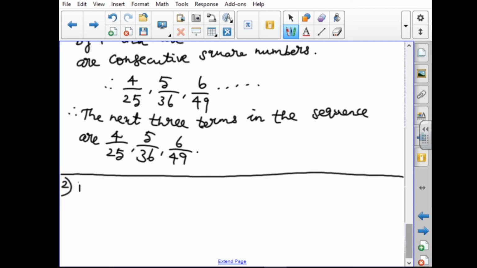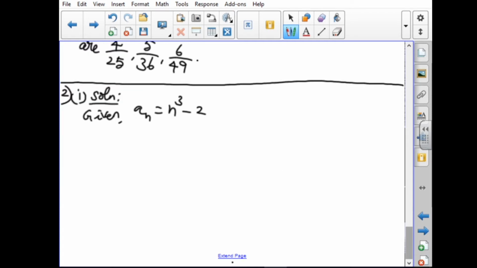The first one given: a_n equal to n cube minus 2. They have given that the nth term. We have to find out the first 4 terms. First 4 terms means, already we saw in the definition, n is the set of natural numbers.